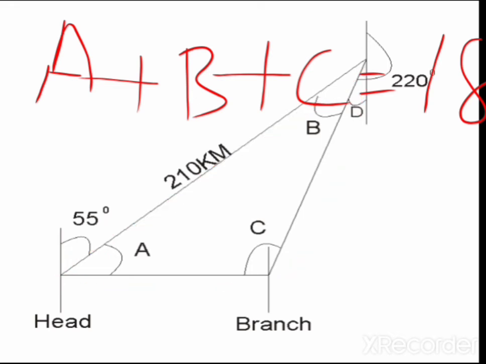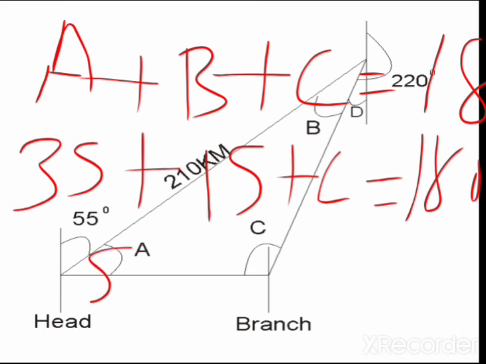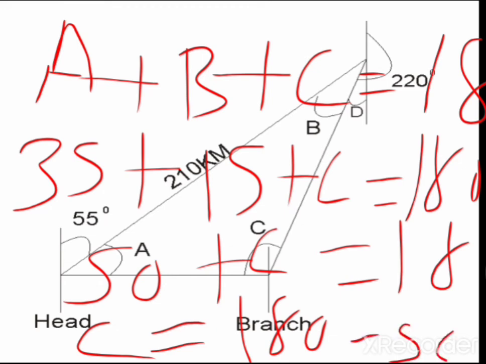We know that A is 35, plus 15, plus C is equal to 180 degrees. 35 plus 15 is 50, then plus C is equal to 180 degrees. We make C the subject of the formula: C is equal to 180 minus 50 degrees. Then C is equal to 130 degrees.